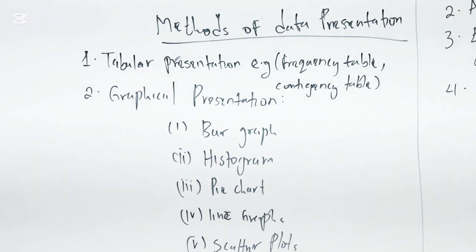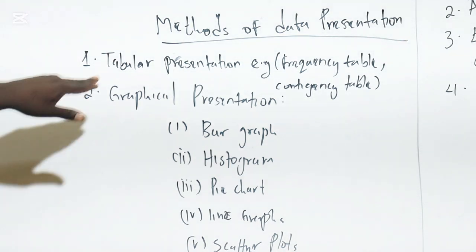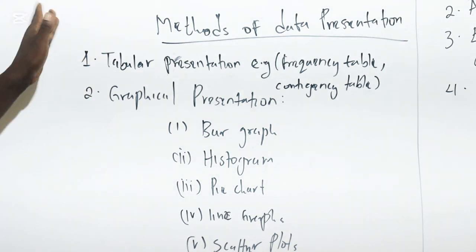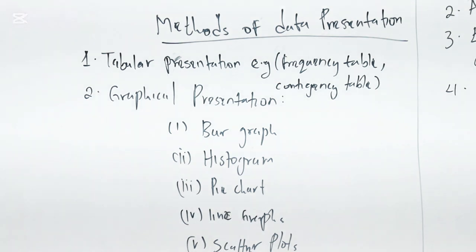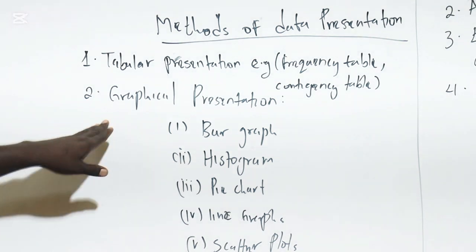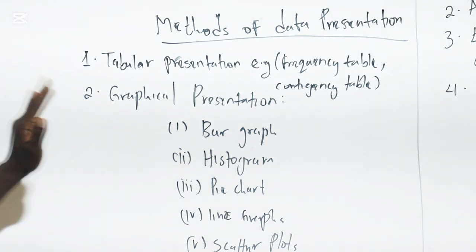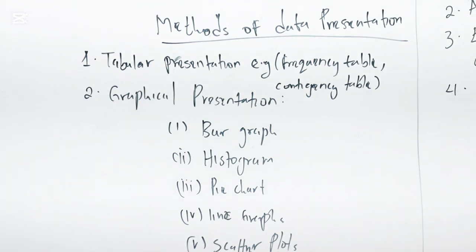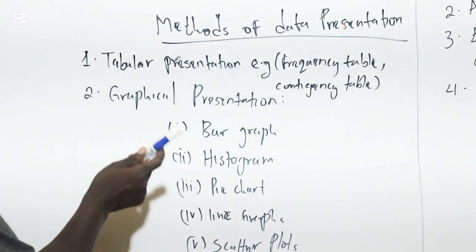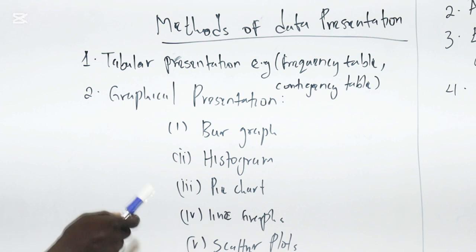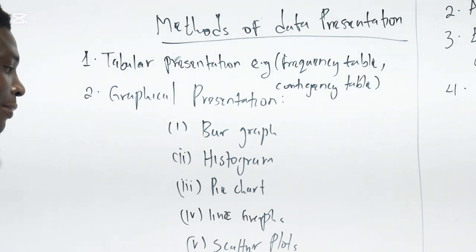Then number two, we're going to deal with what? Graphical presentation. So we have tabular presentation, that is presenting data in the form of a table, then graphical presentation, which is presenting data in graphical form. Under graphical presentation, we'll have bar graphs, histograms, pie charts, line graphs, scatter plots, and many more.